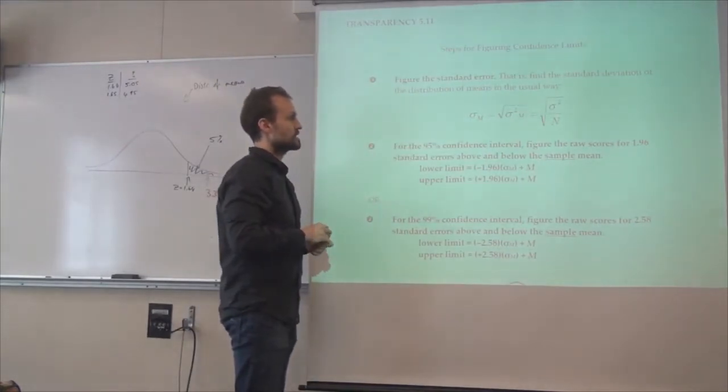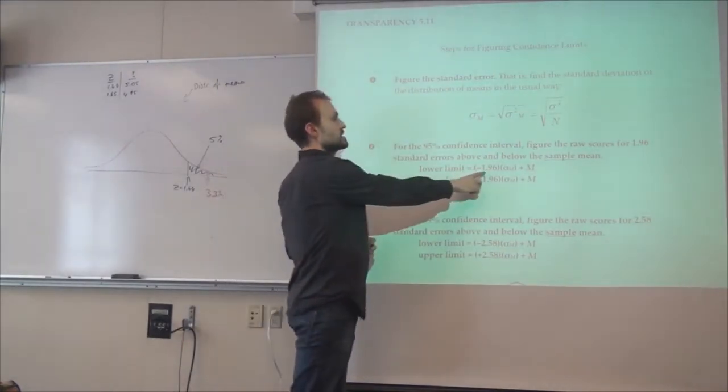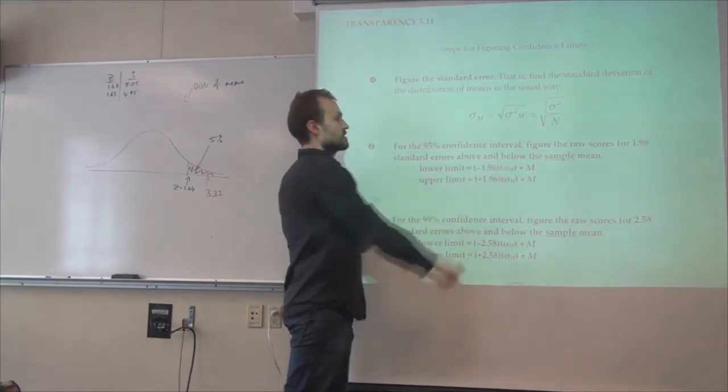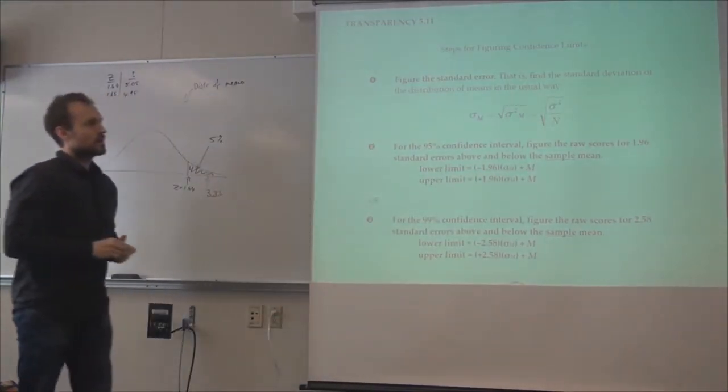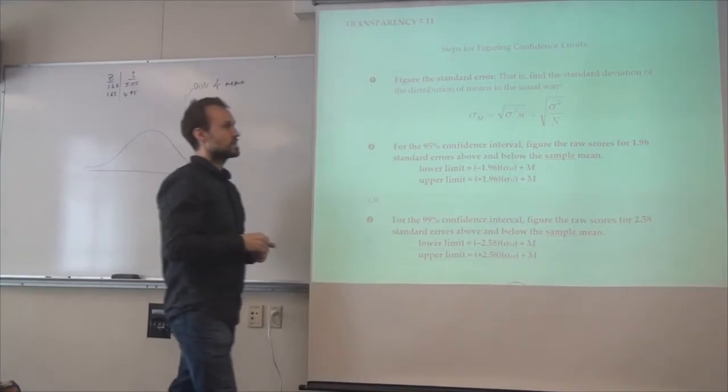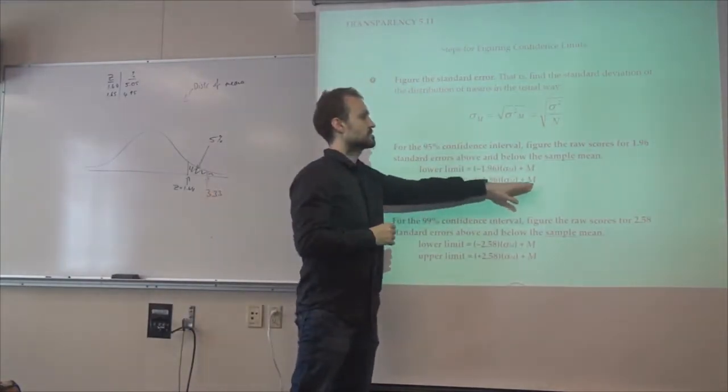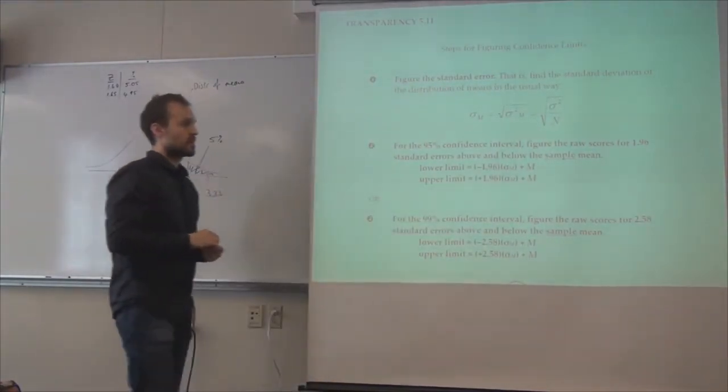And how we calculate that is with the z value times the standard error of the mean, plus and minus that distance from the mean.